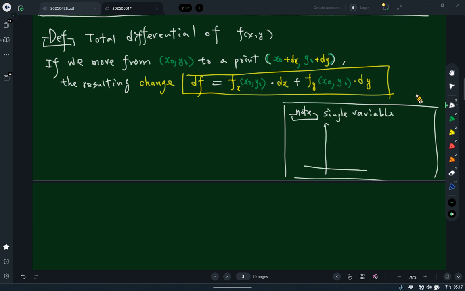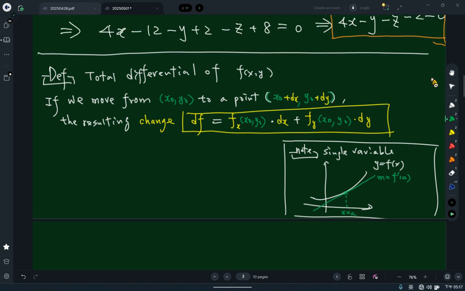So when we define one function y is equal to f of x, and we also focus on x is equal to a, its slope is f prime a, right? Then if we have a small change in the x direction, df can be defined as f prime a times dx.